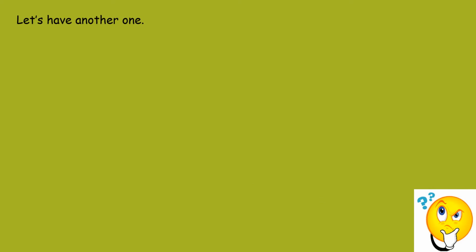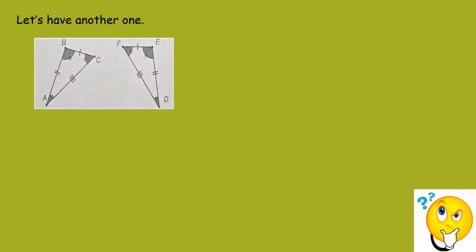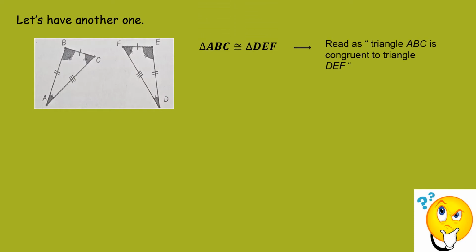Let's have another one. Given two triangles, read as triangle ABC is congruent to triangle DEF. This is the symbol for congruency, and this one is the symbol for triangle.